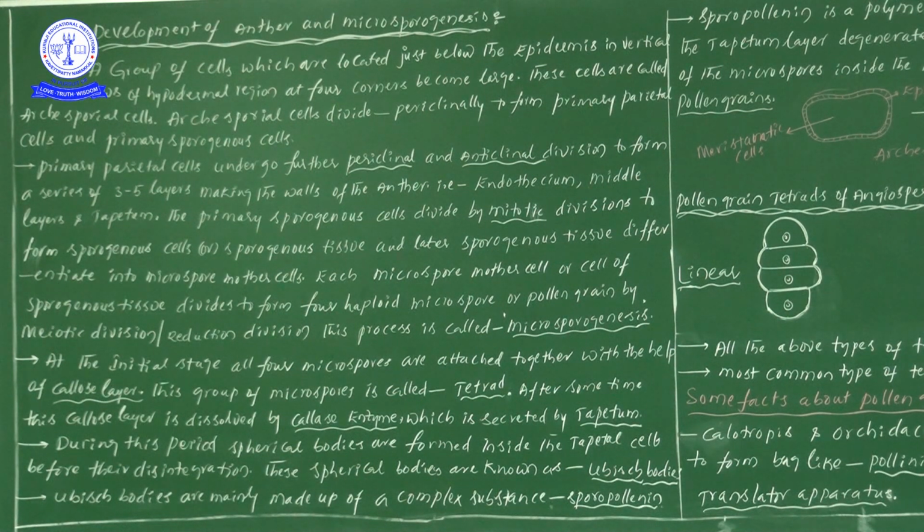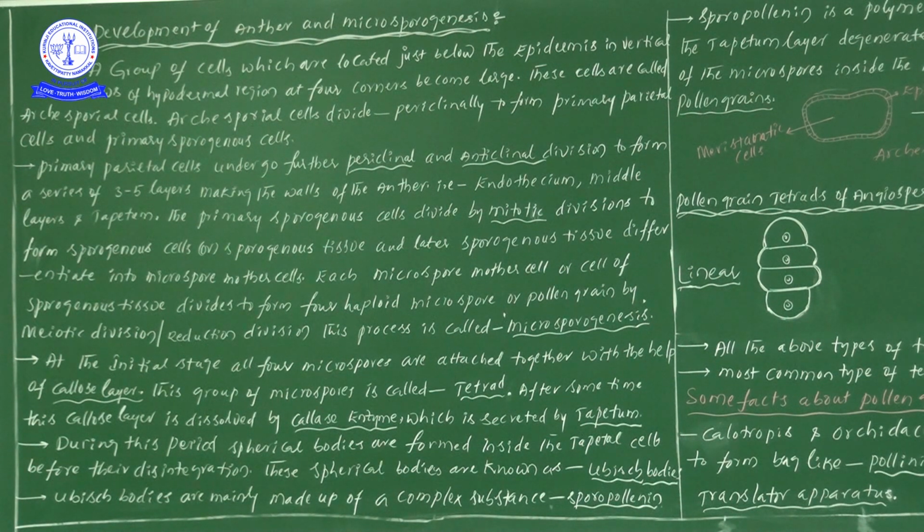If we observe the formation of pollen grains or microspores, such a phenomenon or process we call microsporogenesis. Genesis means the development or the formation. So genesis of which one? Microspores. Microspores are nothing but pollen grains. These pollen grains are developed from the microspore mother cell by the process of meiotic division or reductional division.